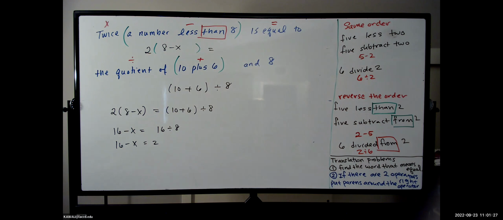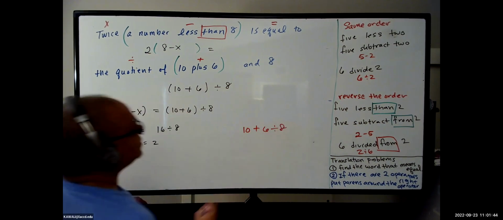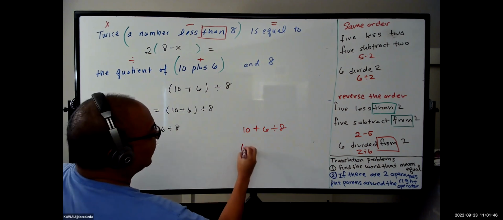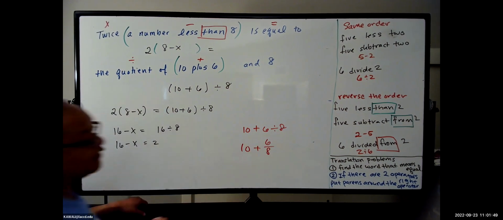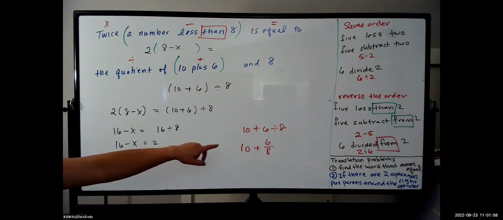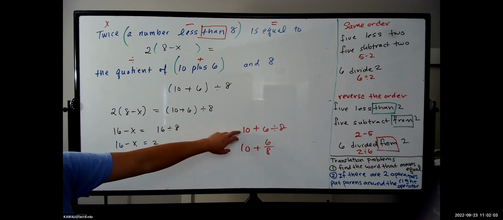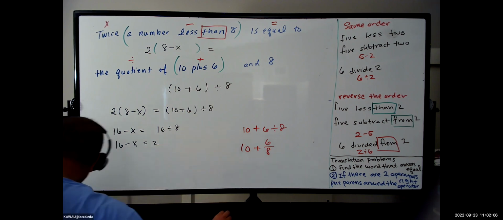If you put the division before the 8, why would you have to put the parentheses? Well, if you did 10 plus 6 divided by 8 and didn't put the parentheses, I always just put the parentheses there because you'll get the wrong answer if you do that one. Do you see that? Got it. Thank you for the question.